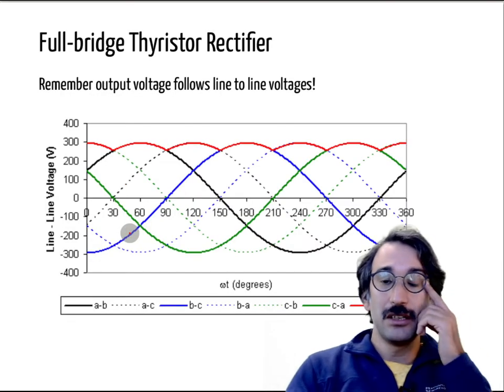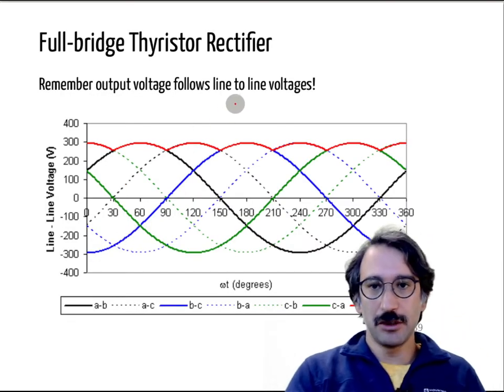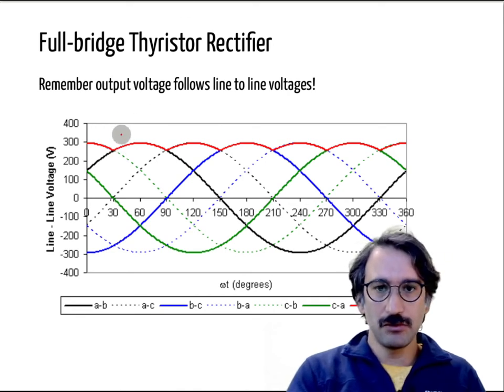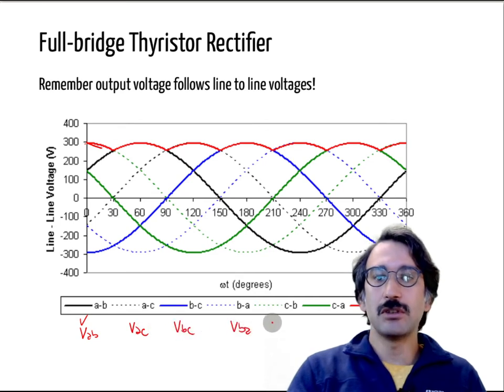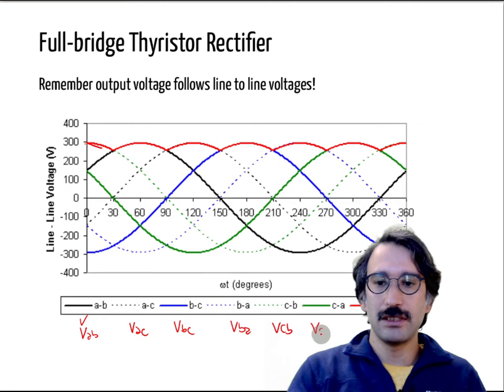Our output voltage is shown like here. You have 6 different possibilities: VAB, VAC, VBC, VBA, VCB, VCA.